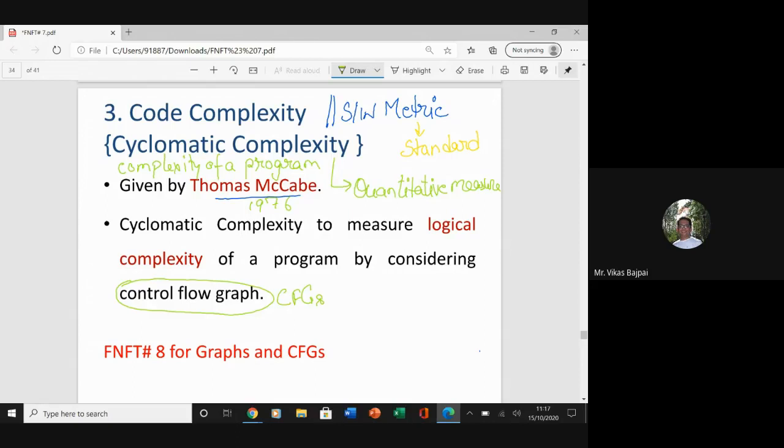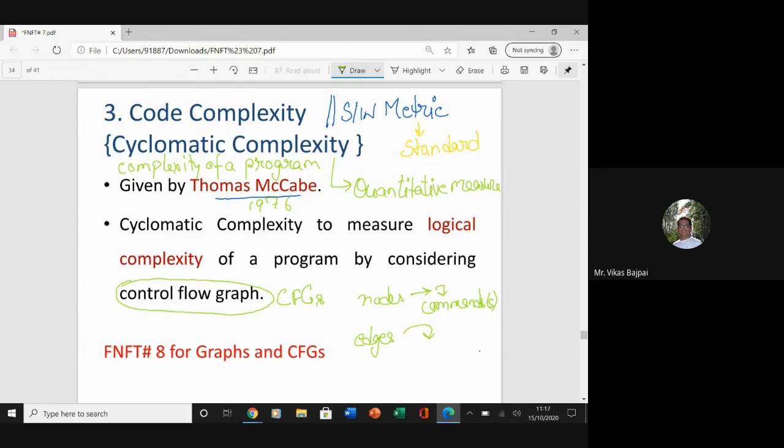The nodes of the graph correspond to individual groups of commands of a program. When we talk about graphs, we have nodes. The next thing we have is edges.